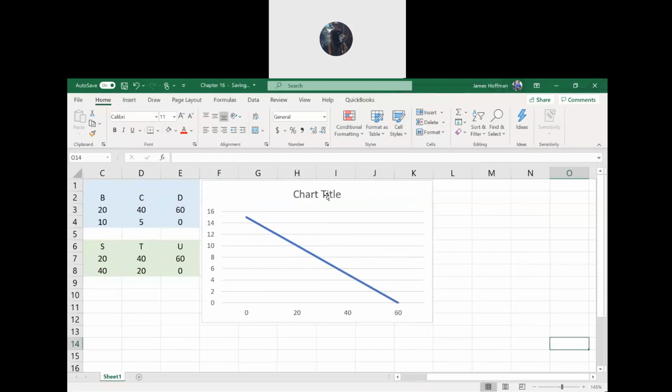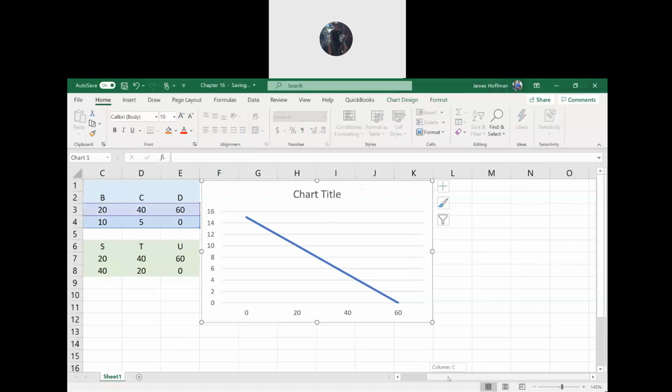All right, so this is the graph for New Zealand, right?